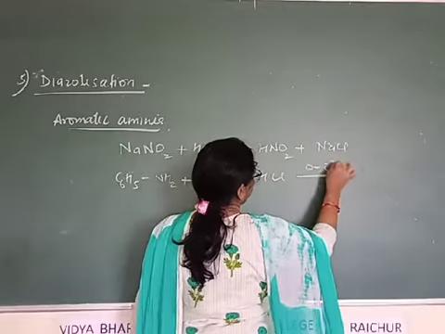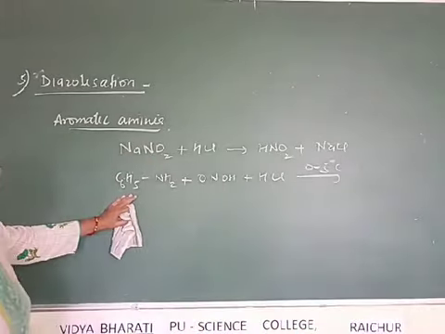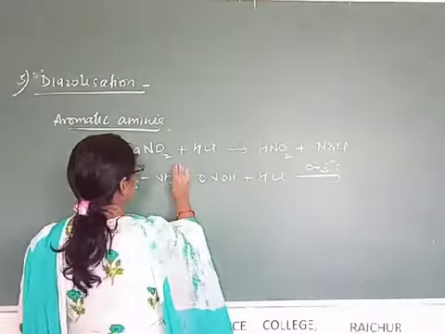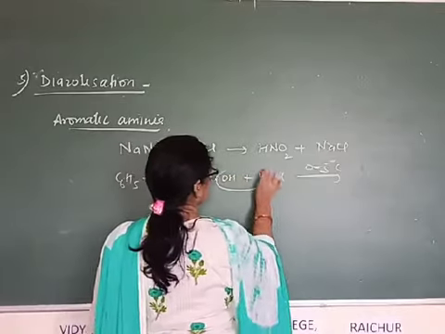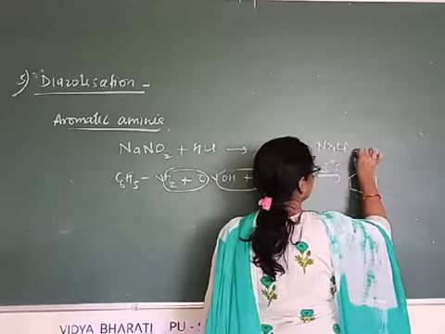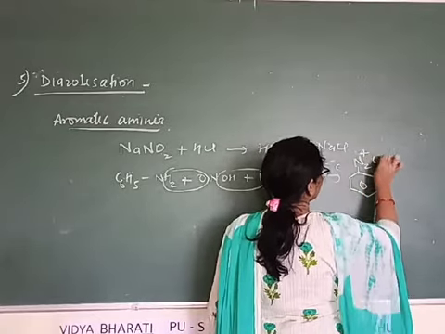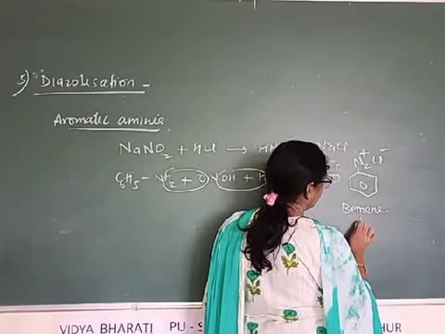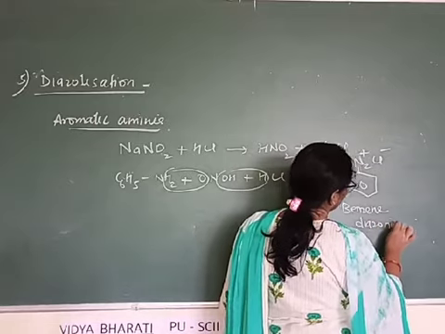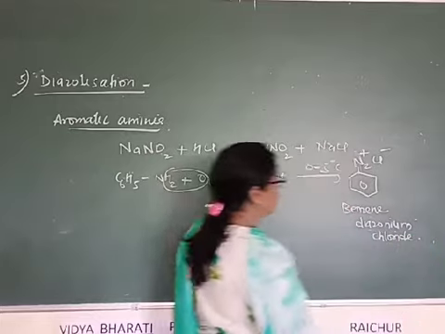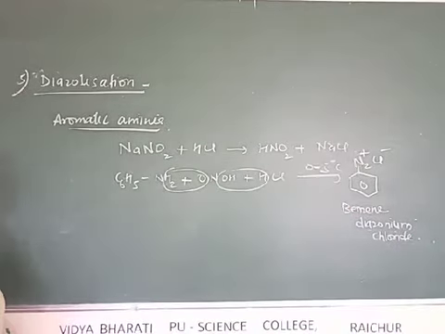You will get a diazonium salt, because these aromatic diazonium salts are stable up to 10 degrees Celsius. So it will stay. And you know that so many compounds are formed from this diazonium salt. We will study that in the next section, diazonium salts.